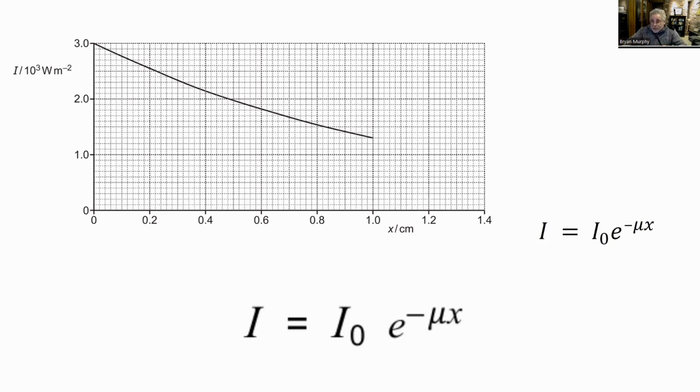Now, if I show you that, there we have the formula I equals I naught e to the minus mu x. And the first question always says, what is the attenuation coefficient? So if you have a graph like that, what you do, I'm just going to look at the next slide.